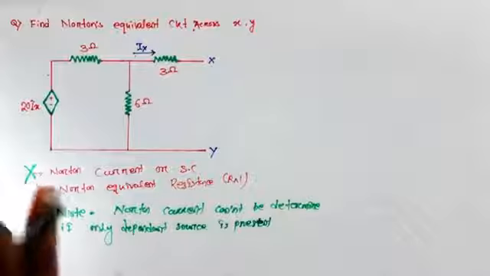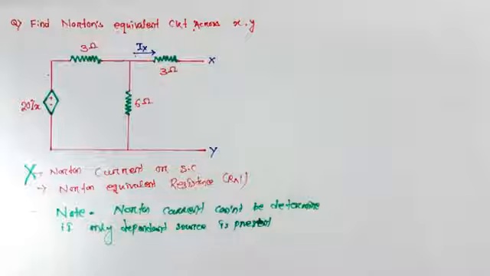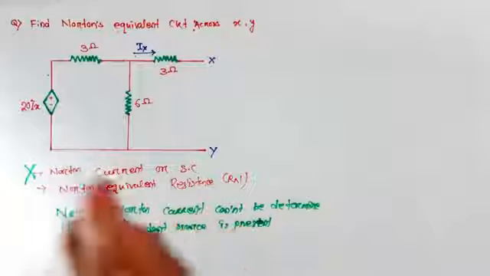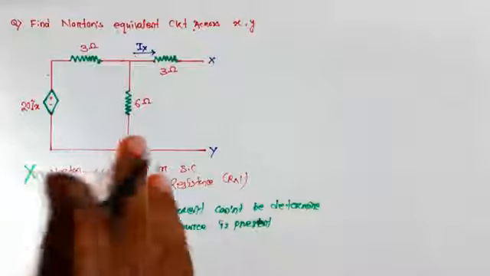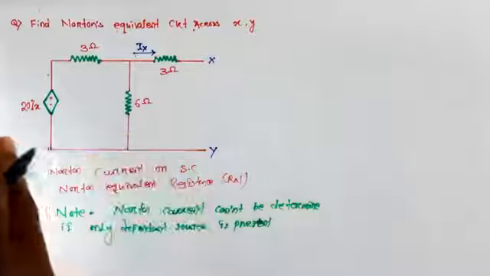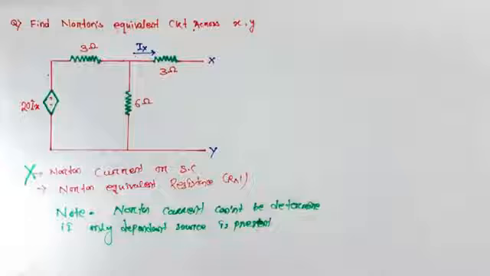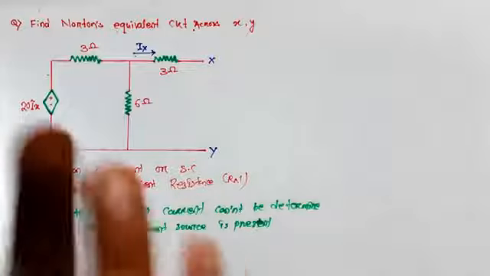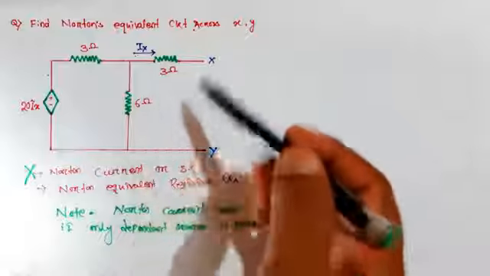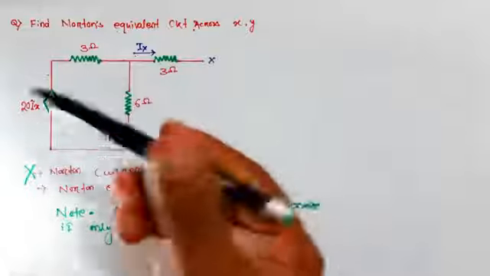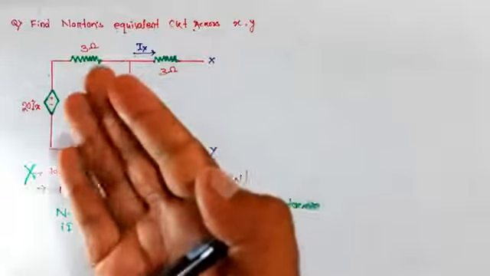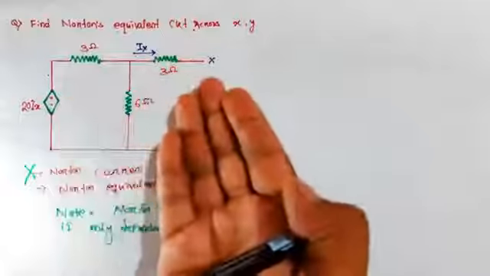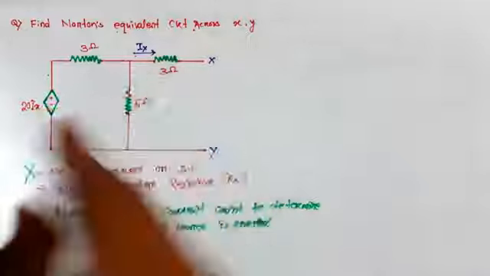We know that a dependent source always depends upon another, meaning an independent source. If there is no independent source, we cannot find the short circuit current or open circuit voltage, but we can find the equivalent resistance, because resistance is present.